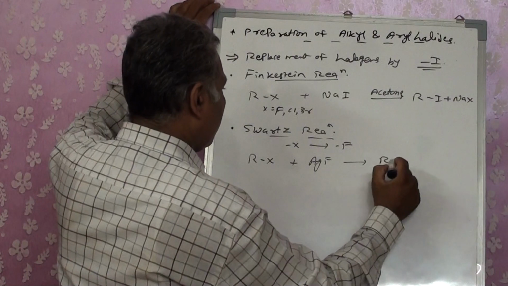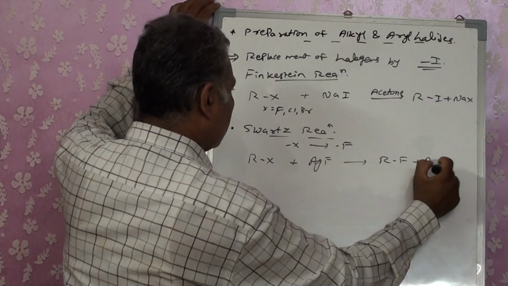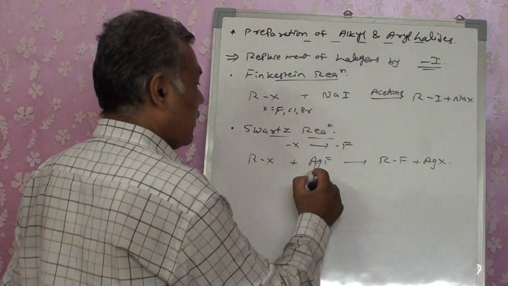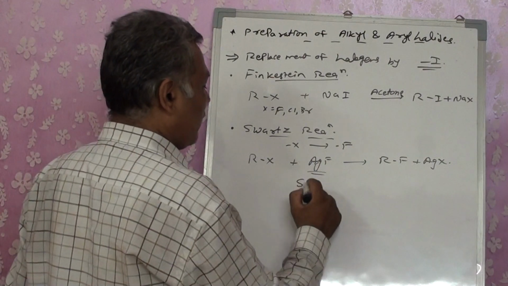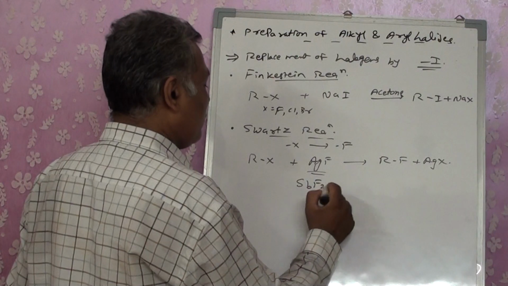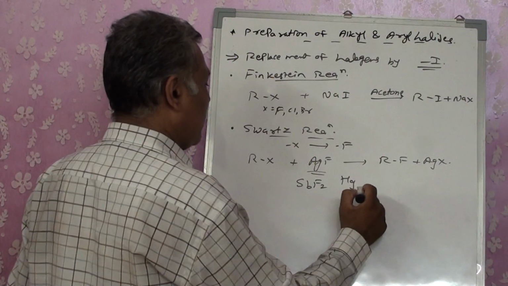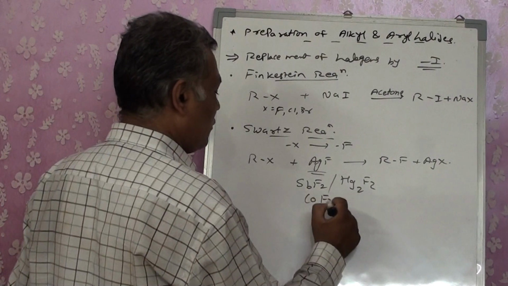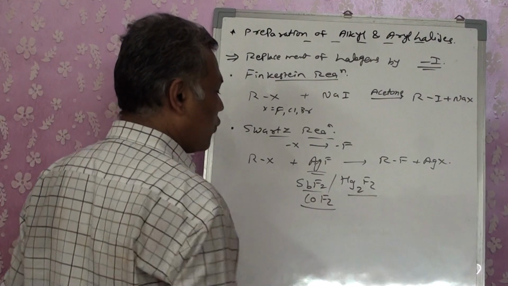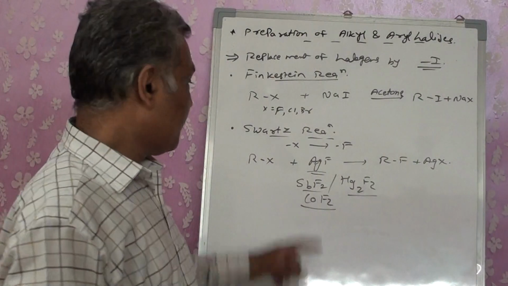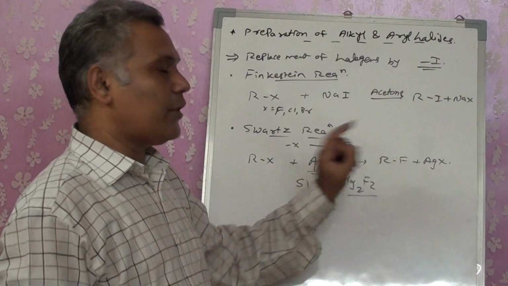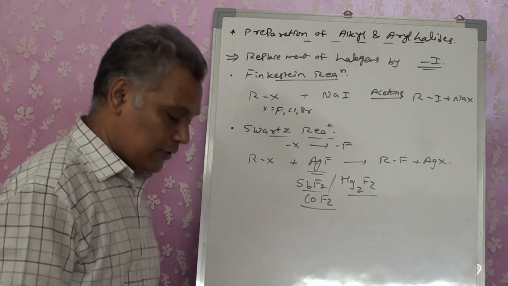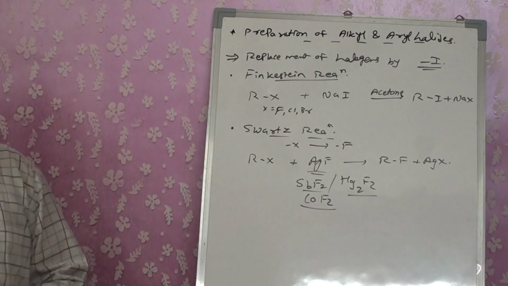It gets converted into RF plus AgX. In place of AgF, you can have SbF3. You can have Hg2F2, CoF2. Any of the compounds can be used for the reaction to replace it by fluorine. That particular reaction is known as the Swarts reaction, right?